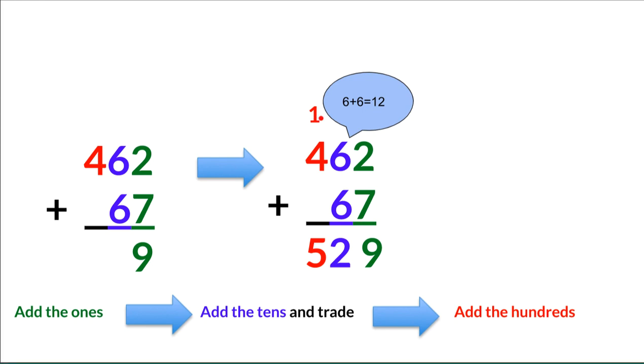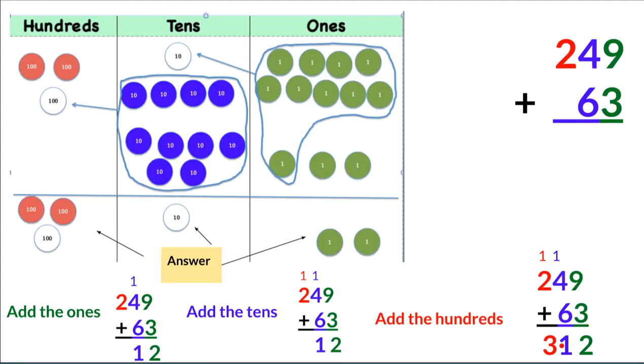And now we're going to add. So we have 9, we only have 2 of the 10 tens in the tens column, and we have 5 100s. So add the ones, add the tens, and make a trade if necessary, and then add the hundreds.